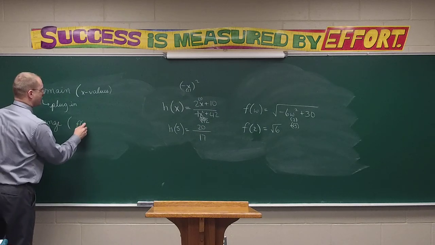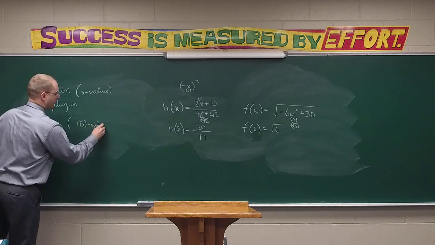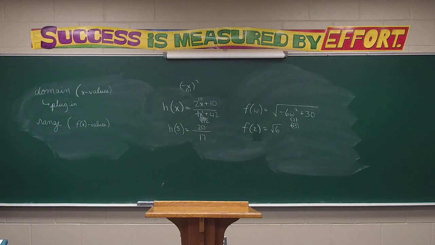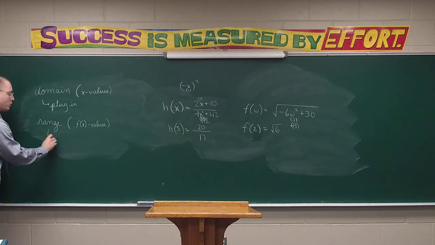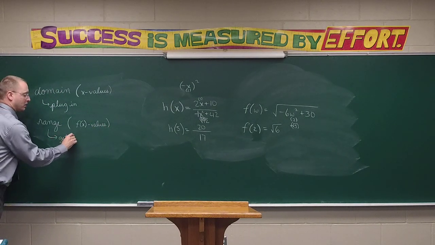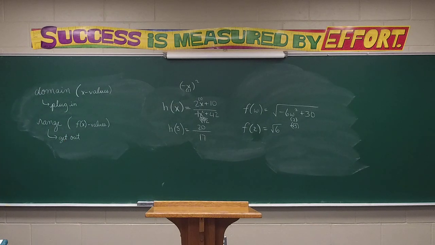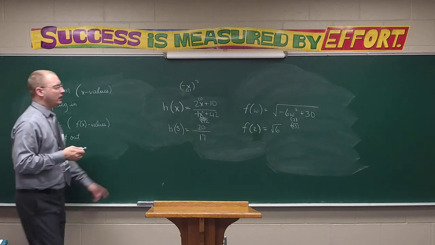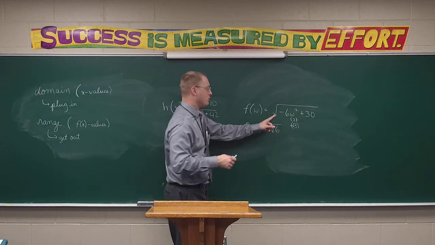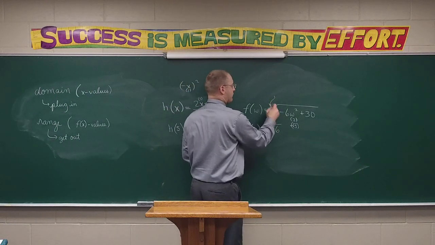Well, typically that means these are going to be our f of x values. So all the f of x values that we're able to get out from the function.